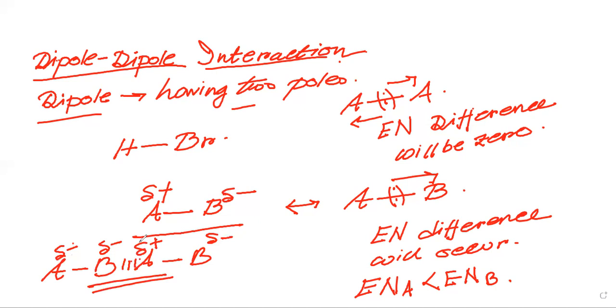We can see such molecules in heterodiatomic molecules. And if the electronegativity difference is large, then the dipole-dipole interaction will increase. And if the electronegativity difference between the hydrogen atom and some other atoms becomes too large, then it will lead to hydrogen bond. We will discuss hydrogen bond a little later.